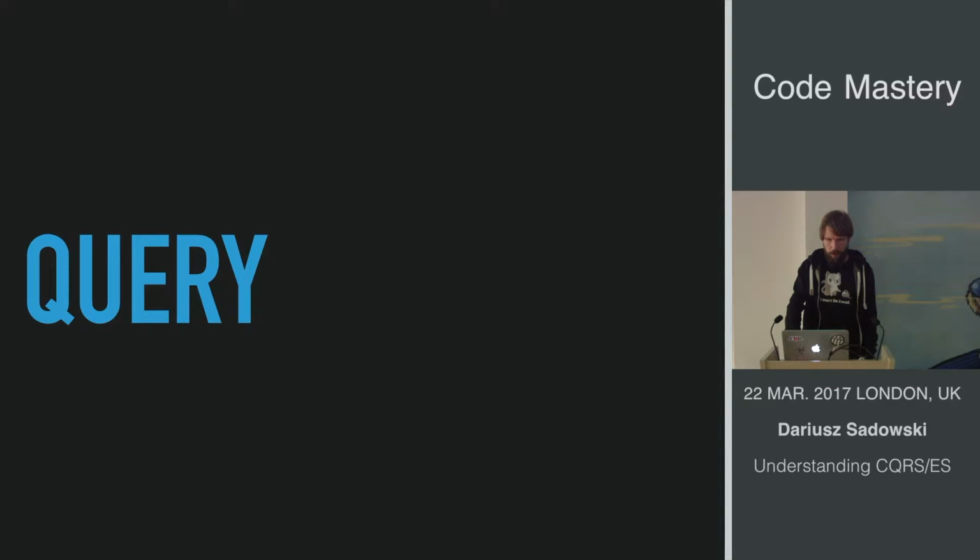The other thing is query. Queries are, I would say, less important at this part, because they are not changing the system. Of course, there will be some changes like pagination, etc. But when we have this one state, one model, we can also model the query in a way that gives a different representation of the object.